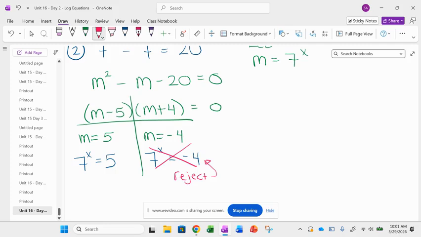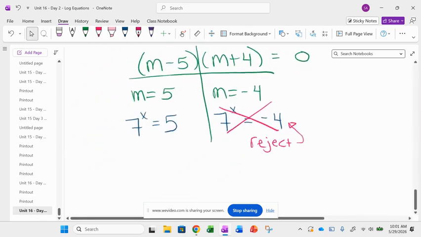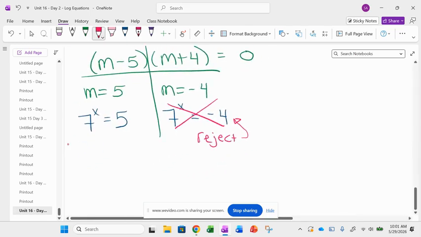And now Charlie mentioned there's an x in the exponent, which is also a problem, but it's not a red flag. It's just a problem that we have to fix. Who remembers how do we get x out of the exponent since I can't make 7 and 5 into the same base? Not possible. So how am I going to get the x out of the exponent? Log, good. We're going to log just one side? Both sides, perfect. So we're going to log both sides.